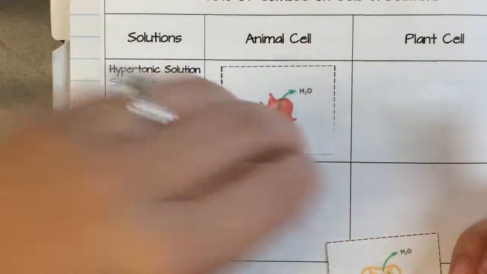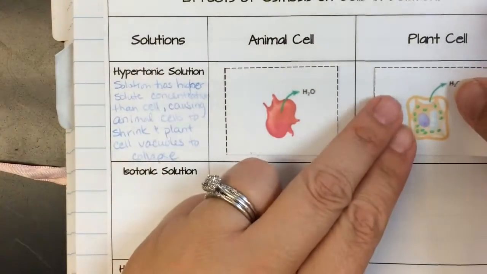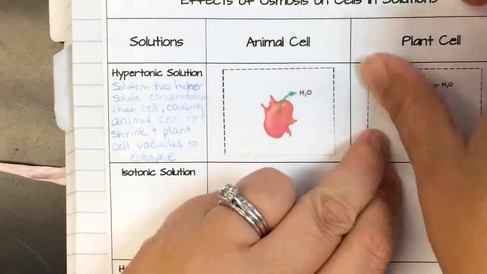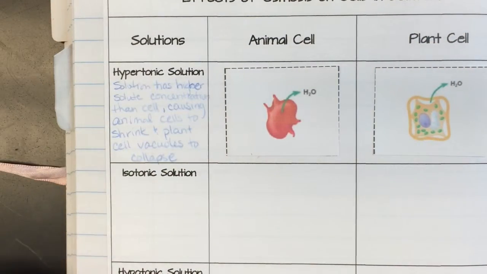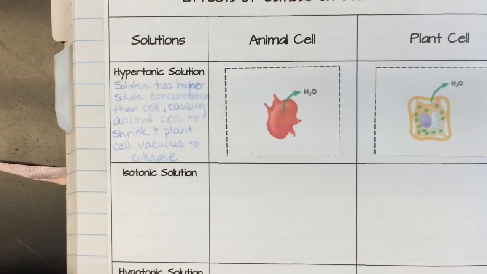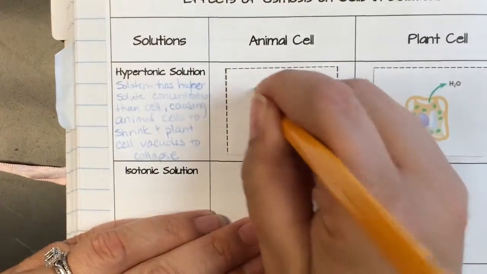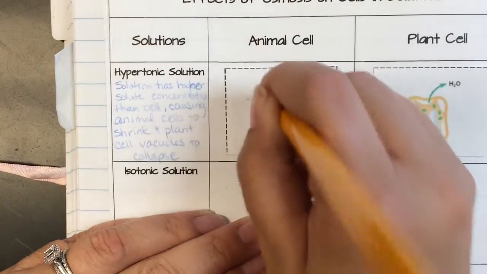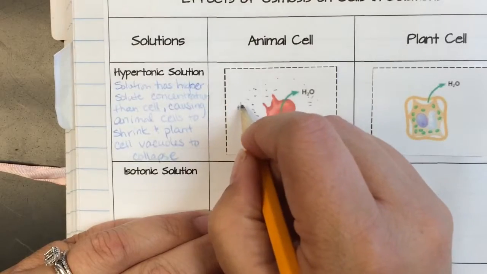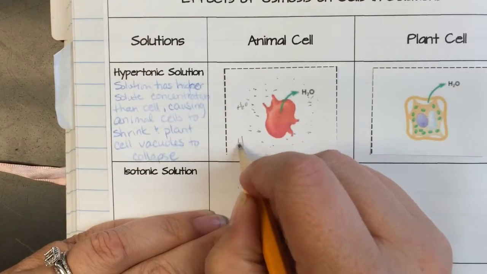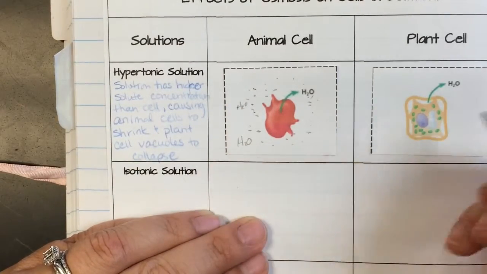If you remember doing your lab with the gummy bears, hypertonic is similar to the one that had a whole bunch of salt in it. So in this case, in our solution, the solute concentration are like the salt molecules. So we might have a whole bunch of salt molecules out here, but we have very little water. Just a few here and there, not much.